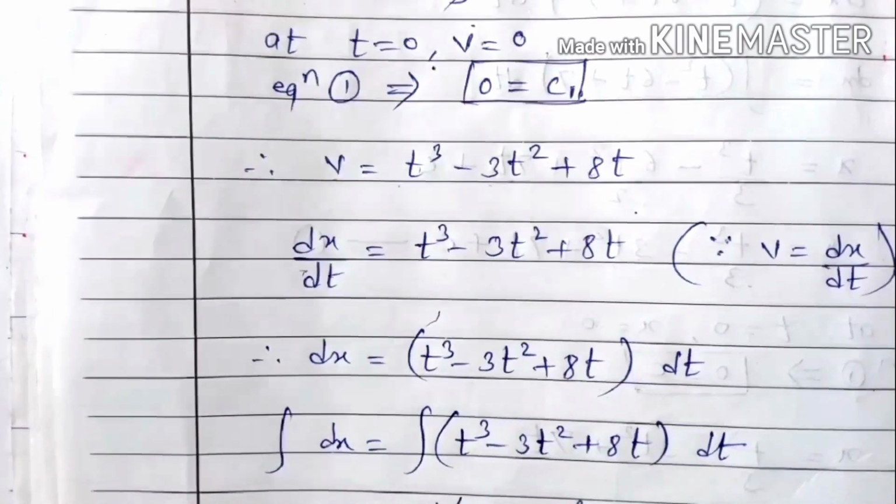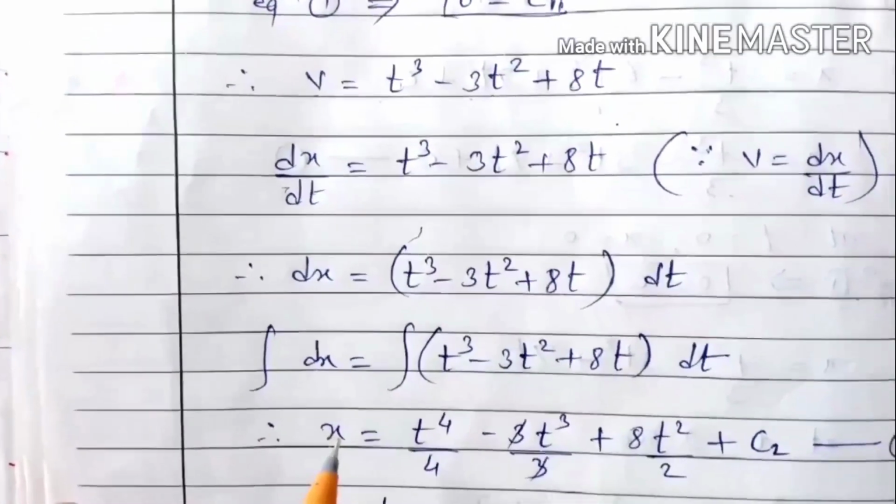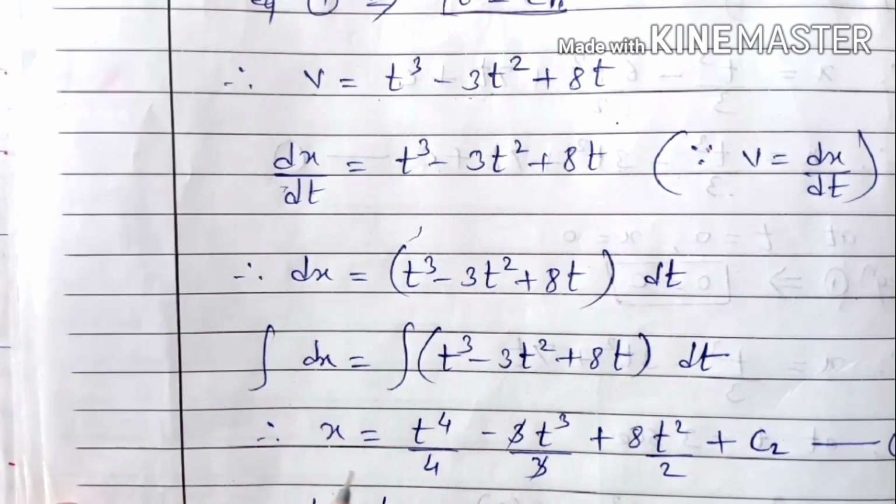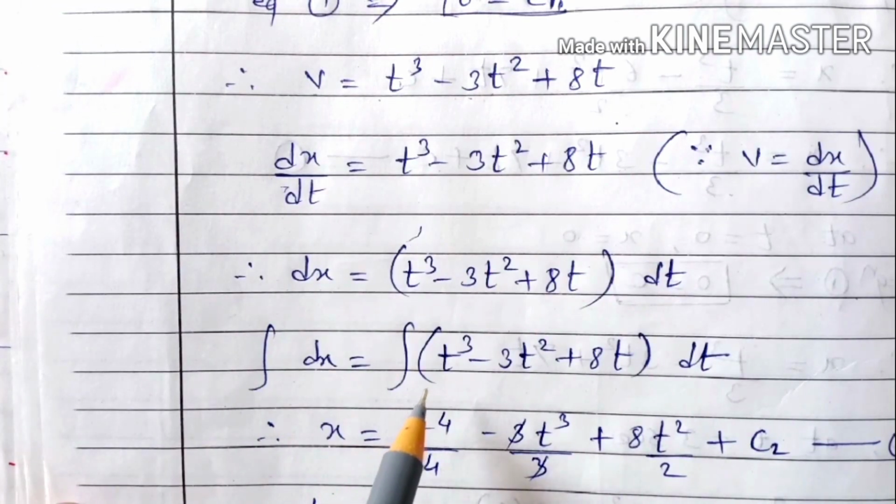After integration, we get integration of dx is x, integration of t cube is t raised to 4 upon 4, integration of t square is t cube by 3. Here also we cancel these 3. Integration of t is t square by 2 and this 8 is constant, plus constant of integration c2.